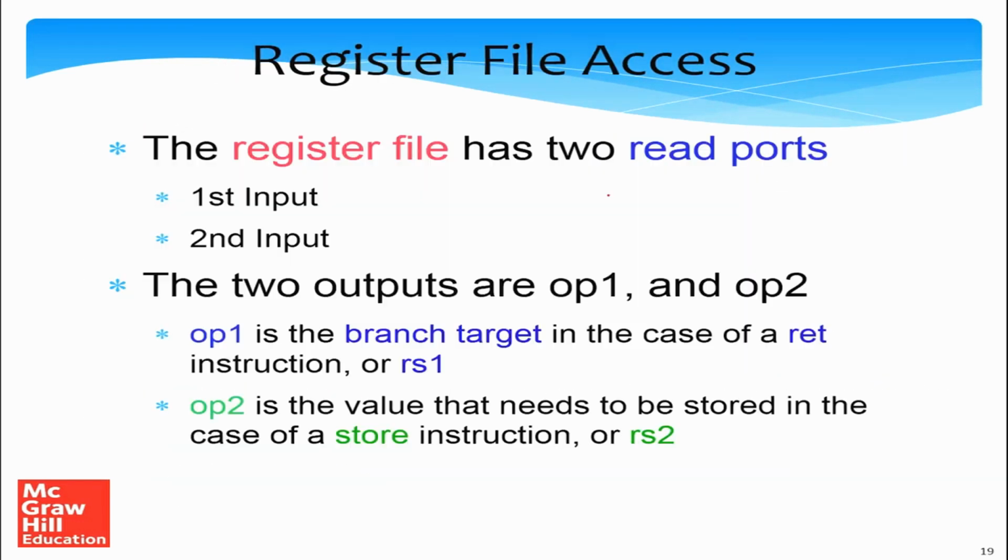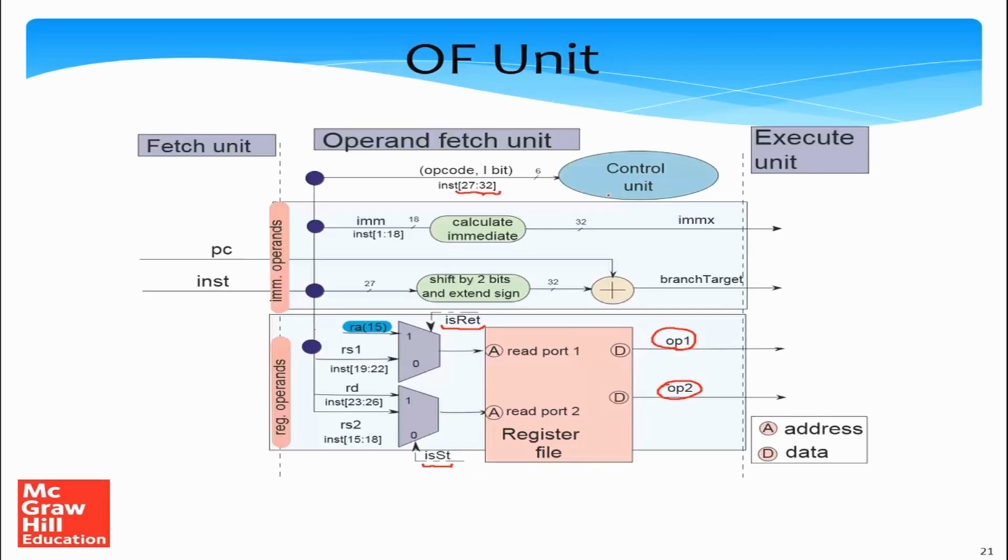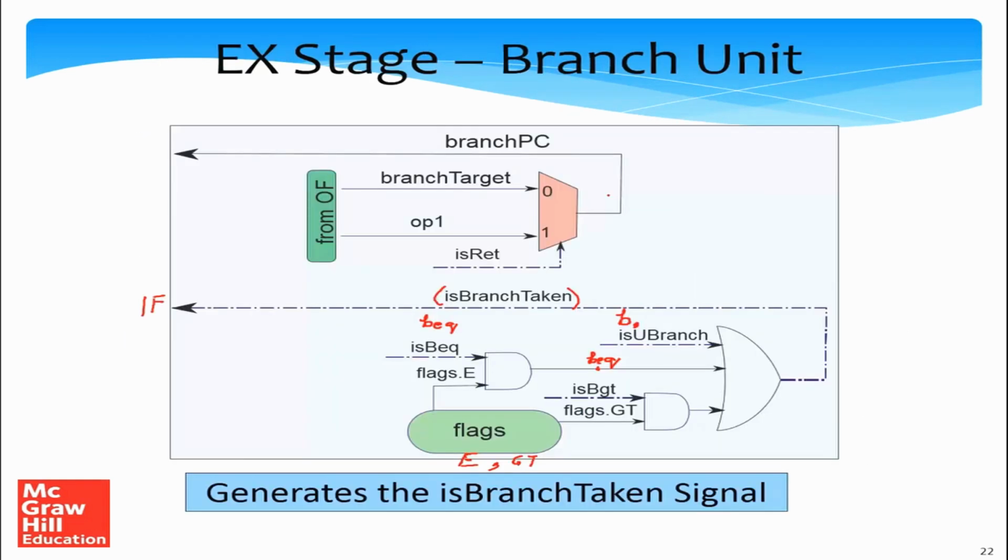So let's go back. In this case, what we see is that is branch taken will be set if the BEQ or BGT conditions are true, or if it's an unconditional branch.